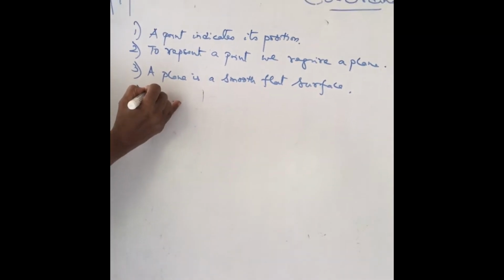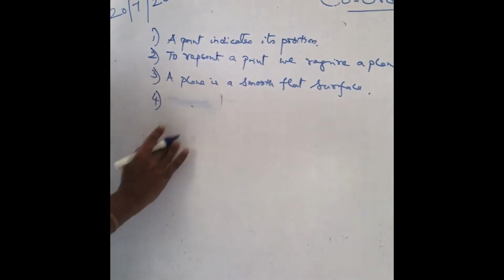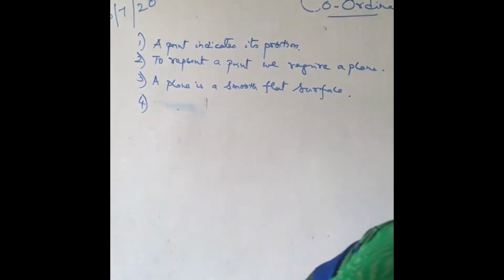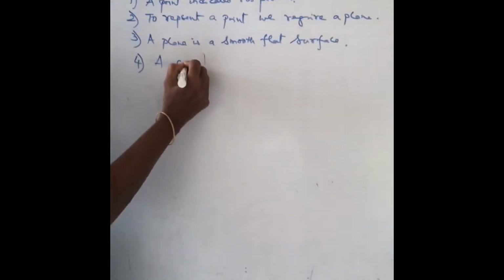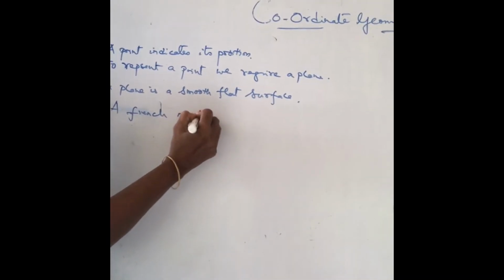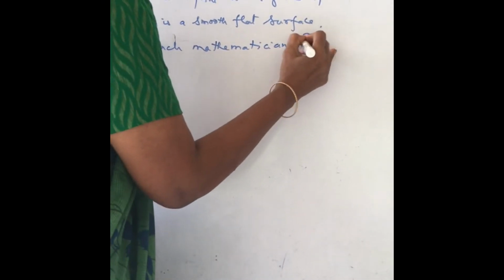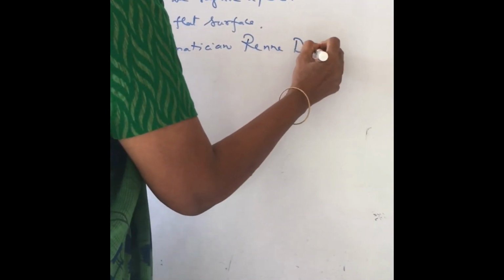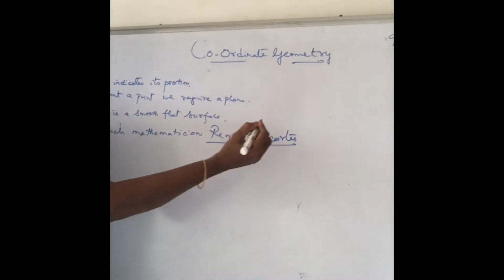And the mathematician Descartes, a French mathematician by name René Descartes, was the first person to study coordinate geometry.